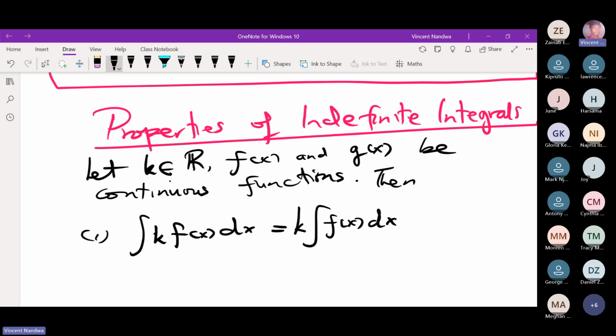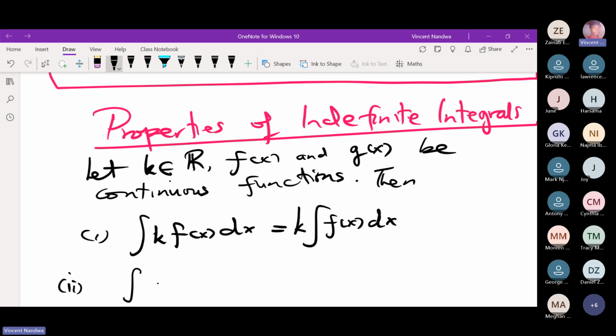dx. If you have a constant or a real number multiplying a function, then when you're integrating, that product is as good as taking the constant outside the integration sign and then getting the integral of f of x. The answer you have, you multiply them. So this we may call the constant multiple rule.